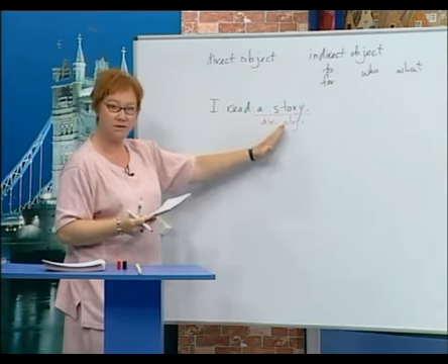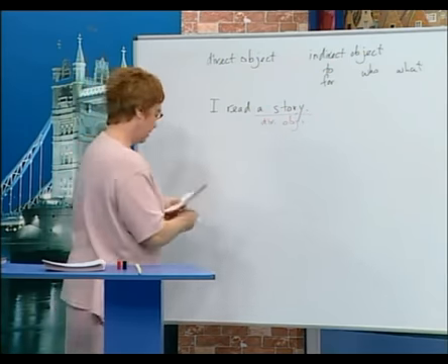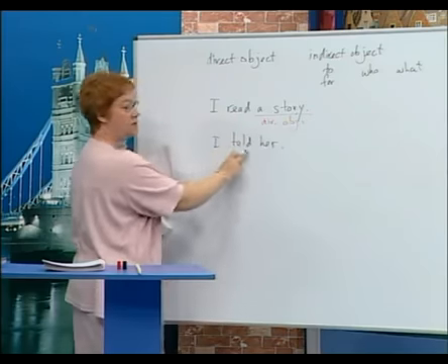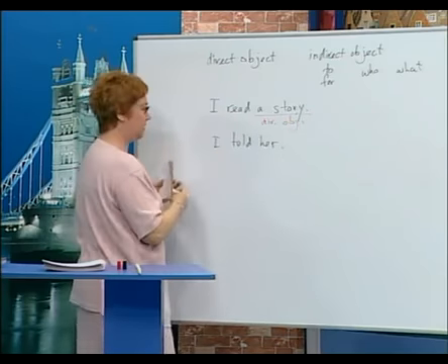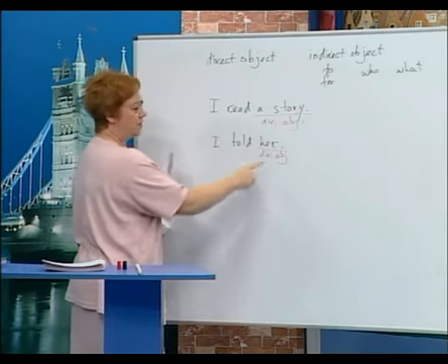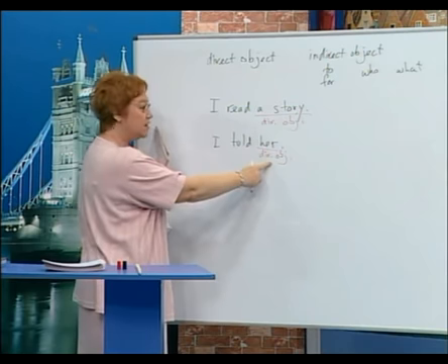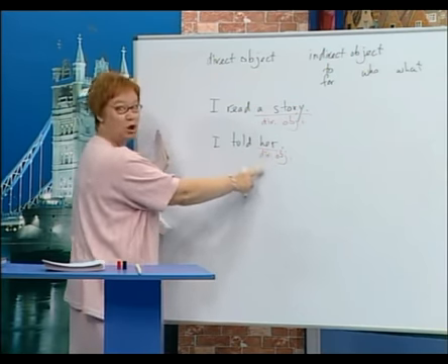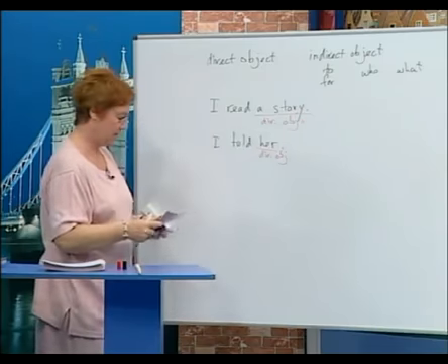I read a story. Now, here's another one. I told her. Direct object. Okay? So this answers the question, who? I told who? I told her. This is the direct object.